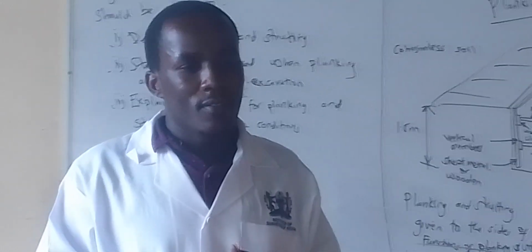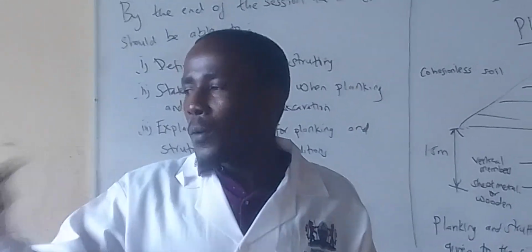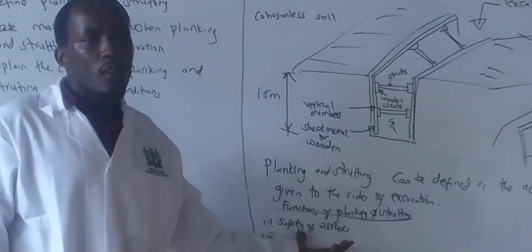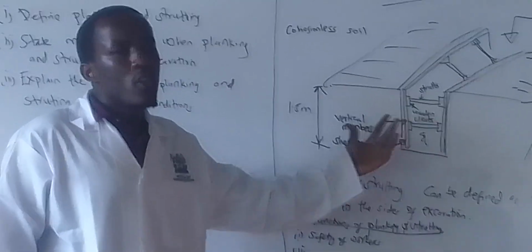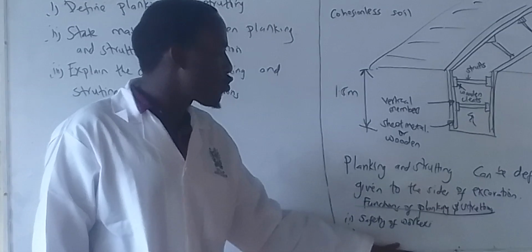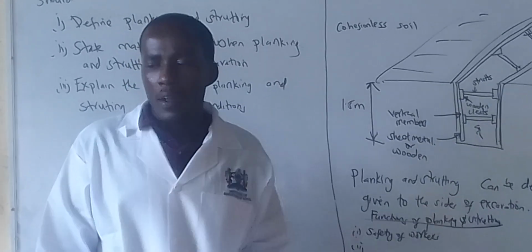They will not do that for free. You will have to pay them again for the hours they work, right? So based on cost, when you do planking and strutting, you will avoid some cost which you incur as a result of the collapse of the soil.